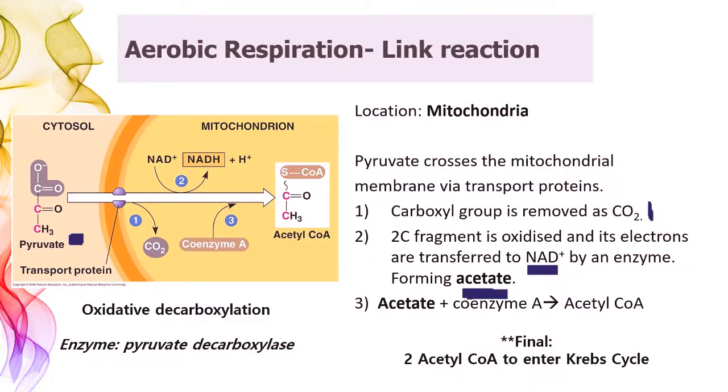And acetate will combine with coenzyme A to form acetyl-CoA. So acetyl-CoA will have 2 carbon, and this, from one molecule of glucose, at the end of glycolysis will produce 2 pyruvate, and through the link reaction here, they will form 2 acetyl-CoA, and this acetyl-CoA will enter Krebs cycle or citric acid cycle.